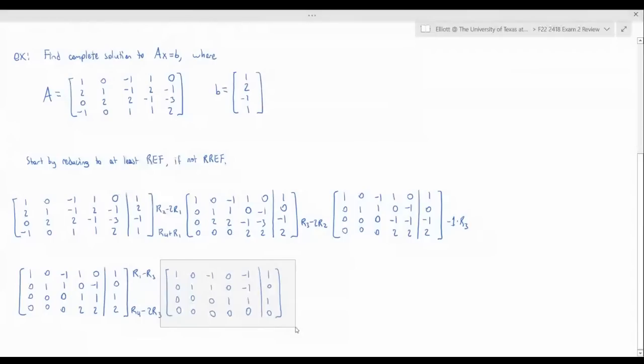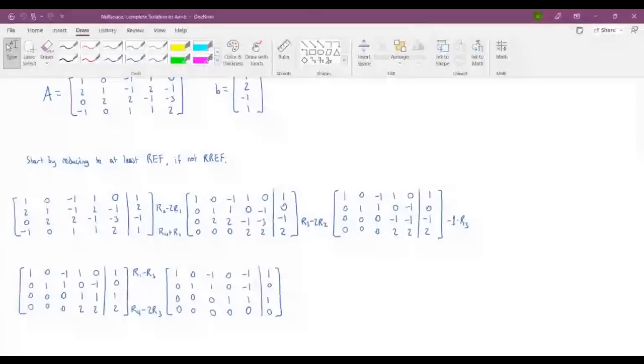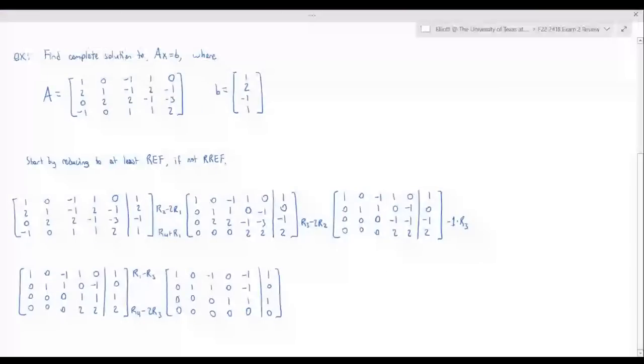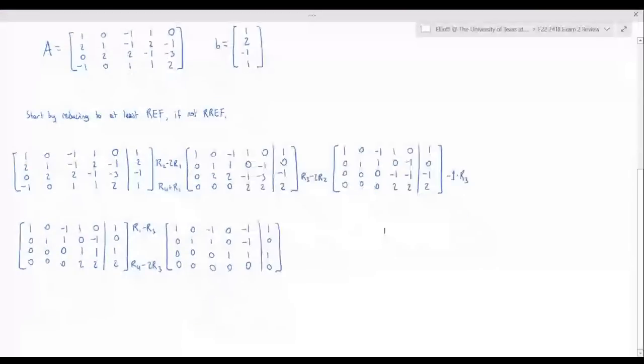Reducing it all the way to reduced row echelon form is what I did. And then I thought I would reduce from here to see how we would finish the question. I'm going to go and circle the three pivots that we had in this problem.